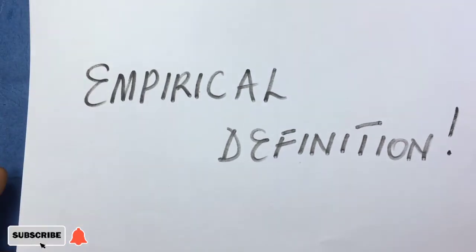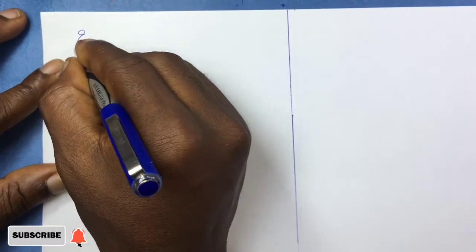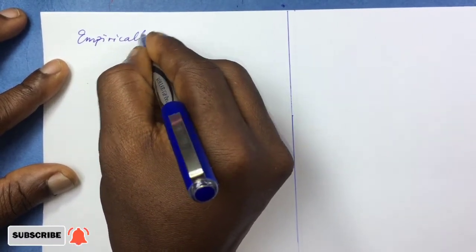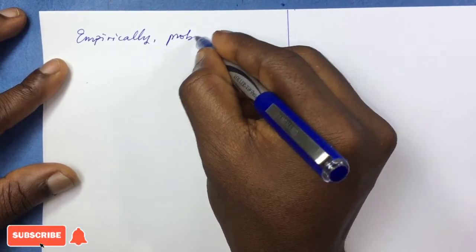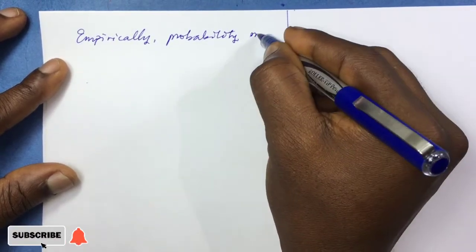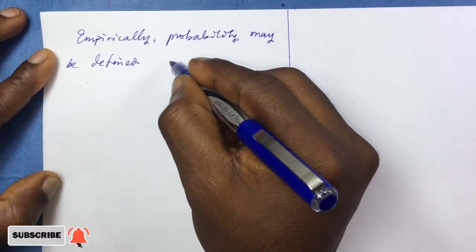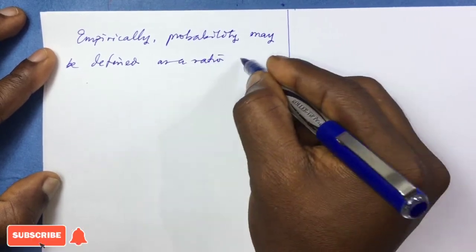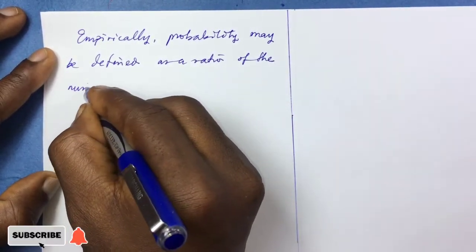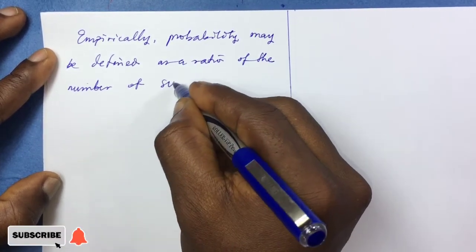So how do we define probability empirically? Let's see. Empirically, probability may be defined as a ratio. So what kind of ratio is probability defined as? Empirically, probability may be defined as a ratio of the number of successes.